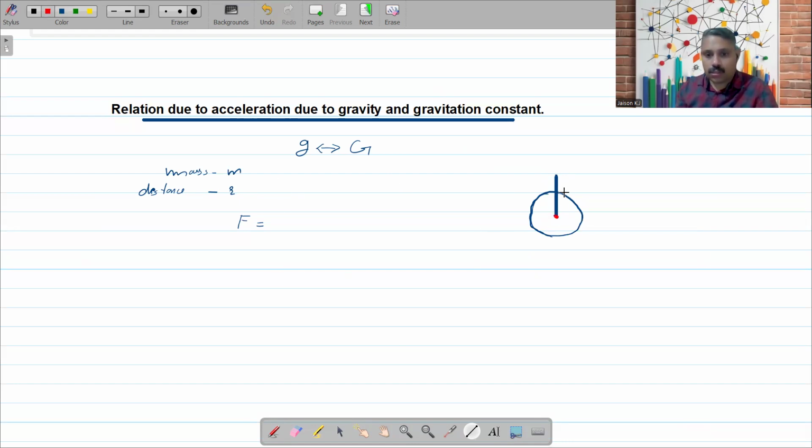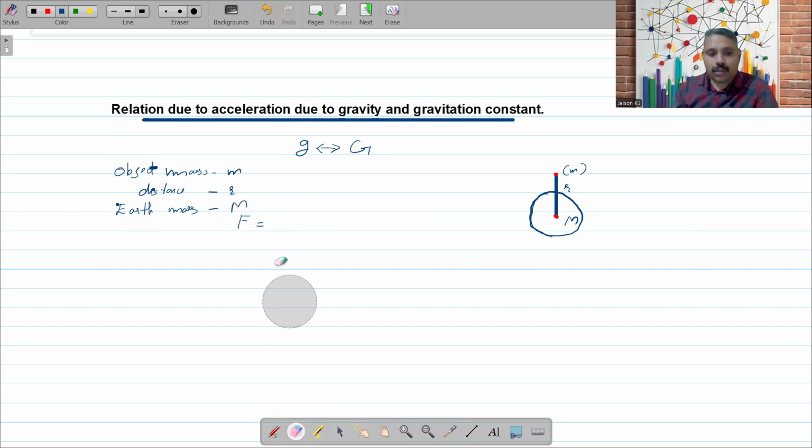This is the center, and here is the object. This object has mass small m, and the distance is r. And capital M is the mass of earth.